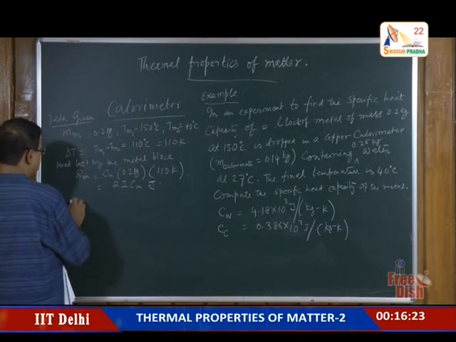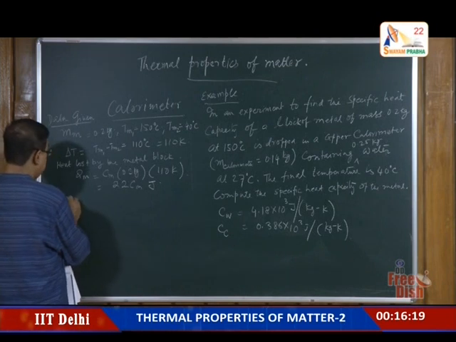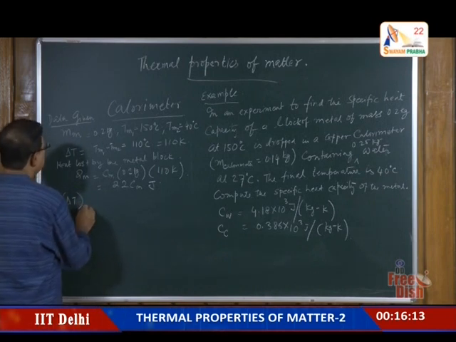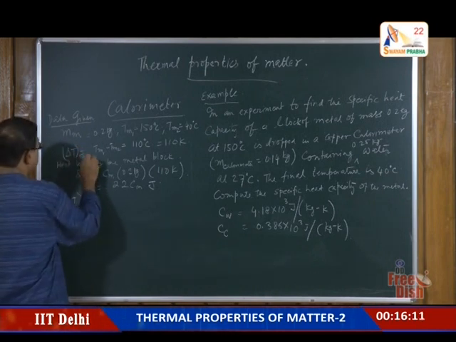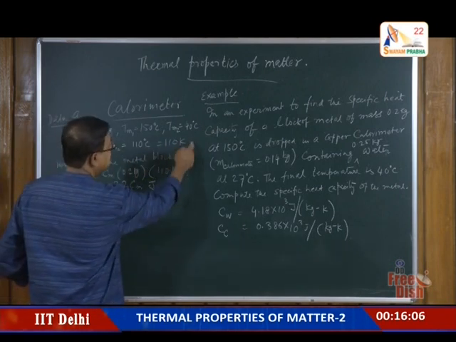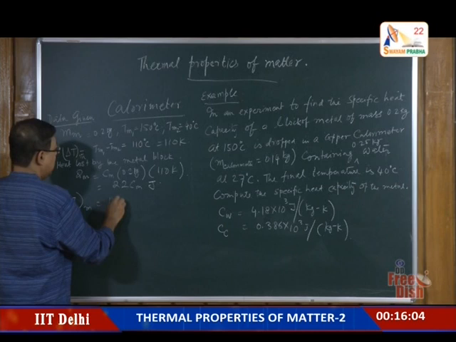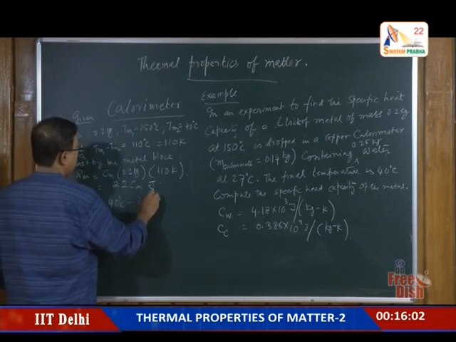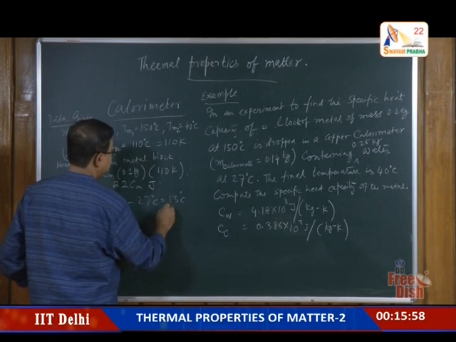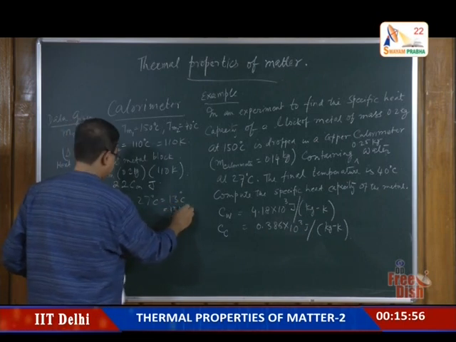For the temperature difference for both the calorimeter and water, delta T, this is for the metal, so this is 40 degree centigrade minus 27 degree centigrade, which is equal to 13 degree centigrade, which is nothing but equal to 13 Kelvin.